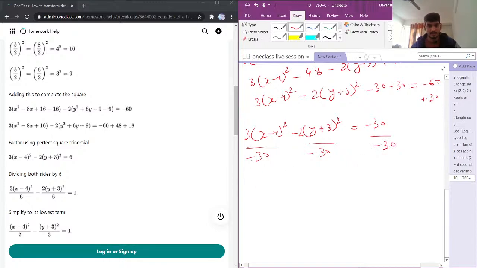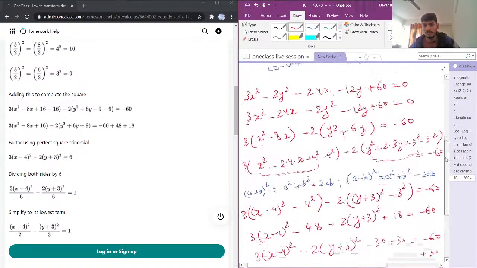Then this 3 will become in the denominator: (x minus 4) whole square over negative 30 over 3, minus (y plus 3) square over negative 30 over 2, equals 1.